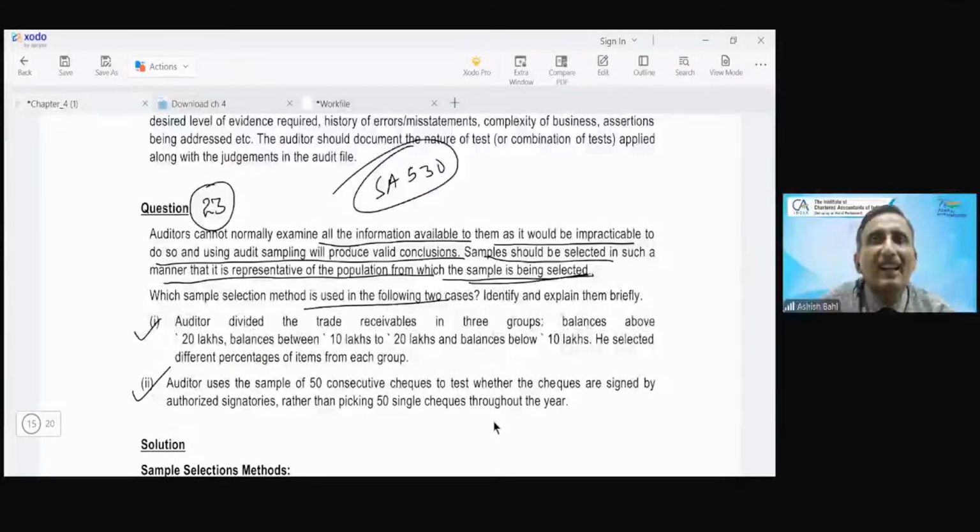Situation 1, where trade receivables have been divided into 3 groups: balances above a certain threshold, balances between 10 and 20 lakhs, balances below 10 lakhs. And the second situation is that the auditor uses a sample of 50 consecutive checks to test whether the checks are signed by authorized signatories.